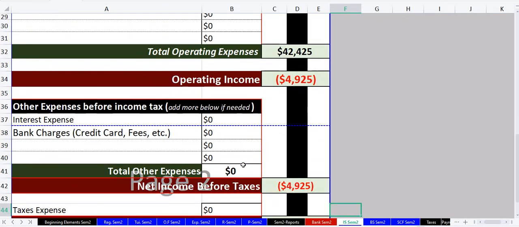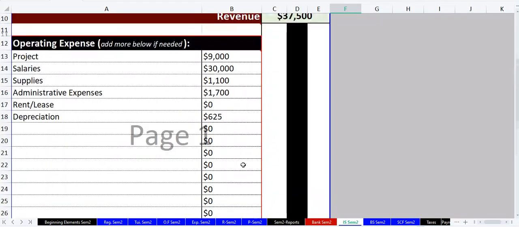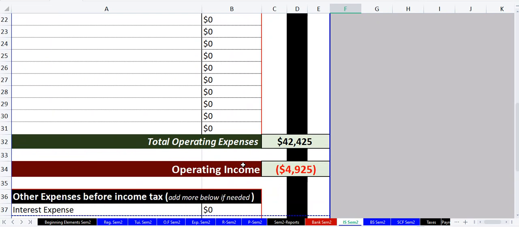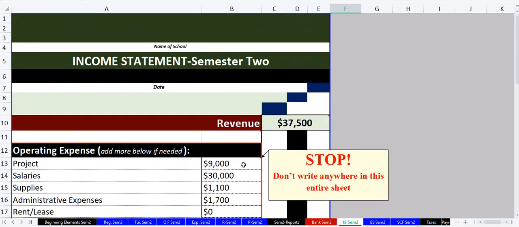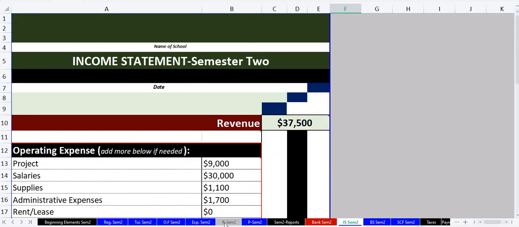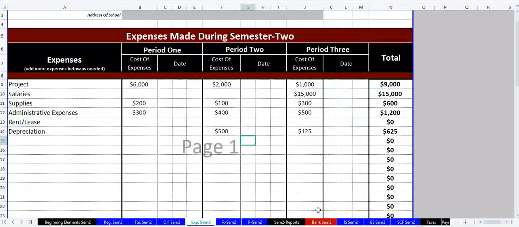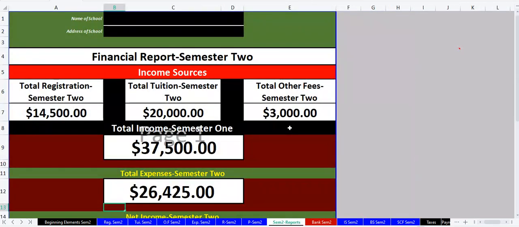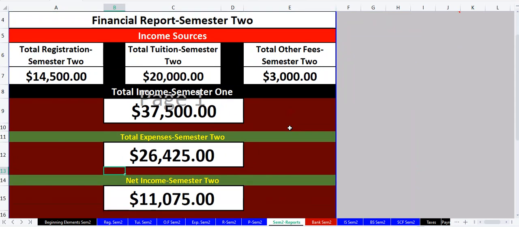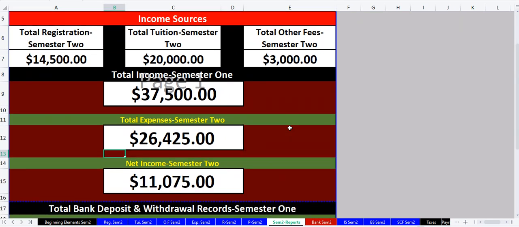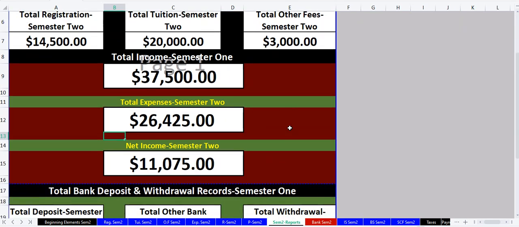Okay, we say the operating expenses is 42,000 plus. Now, on the report here, we observe that our expenses here is less than what we see there on the balance sheet.